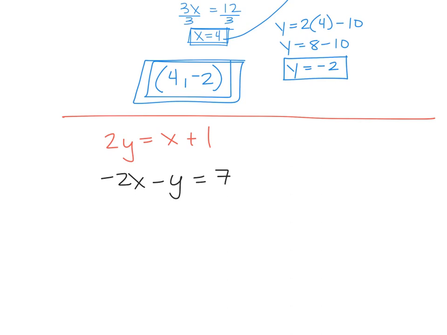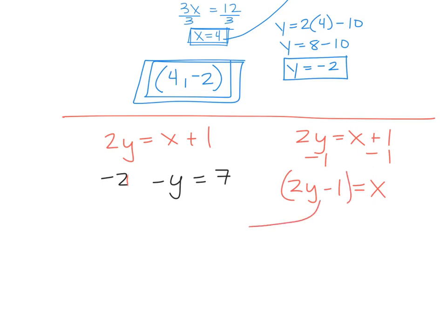So if you're looking at that equation, 2y equals x plus 1, we're going to subtract 1 from both sides. So it's x equals 2y minus 1. Okay, now if I know what x equals, I can take out the x and put in the 2y minus 1, right?